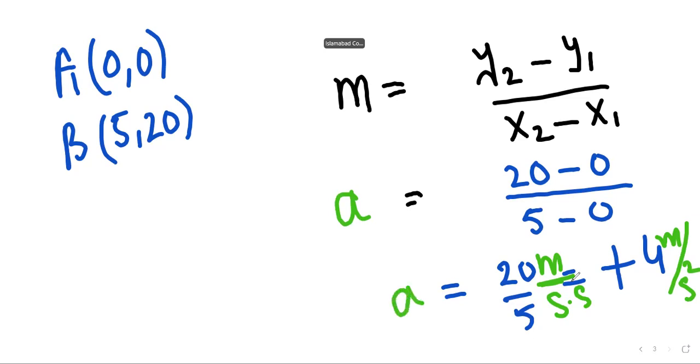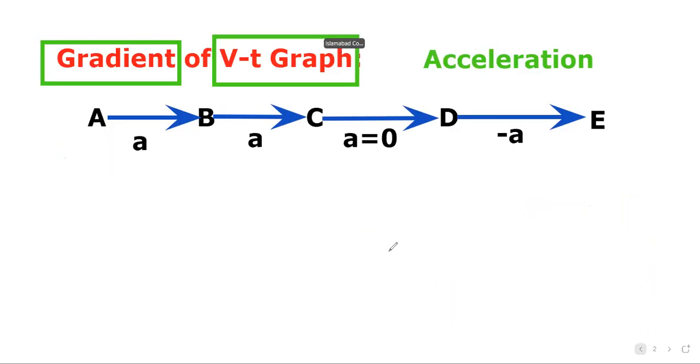So it is verified that the gradient of velocity time graph is acceleration. And now one more factor is also confirmed, that from O to A it's a positive acceleration. Positive acceleration means the object is accelerating from A to B. So you can compare here, from A to B it's positive acceleration.